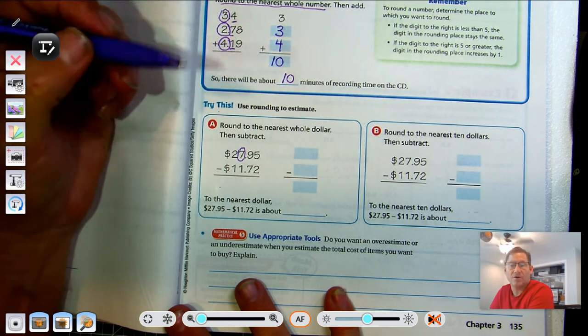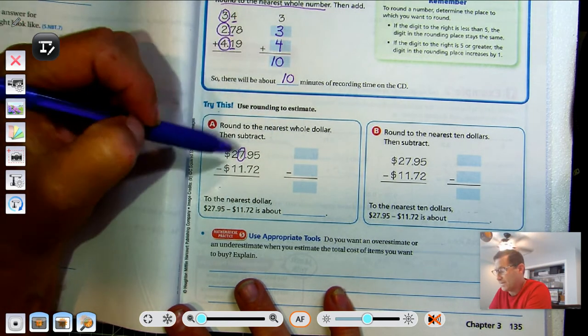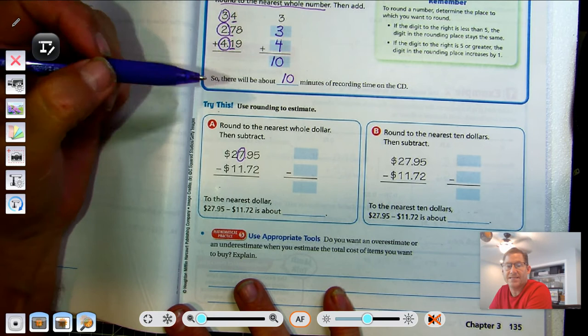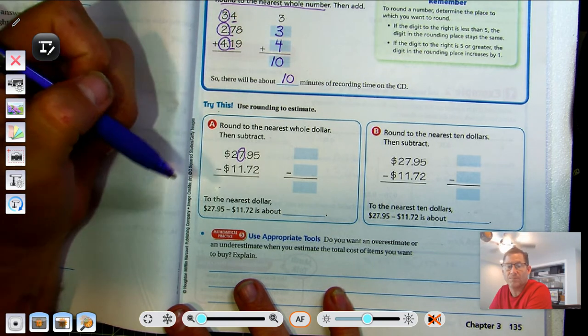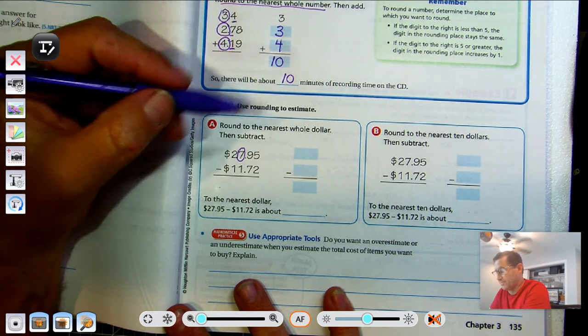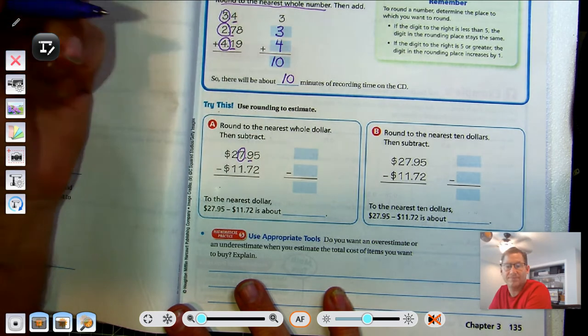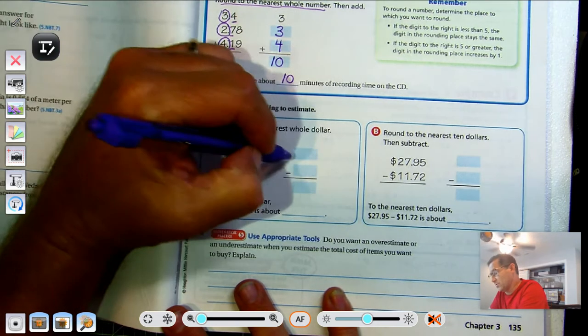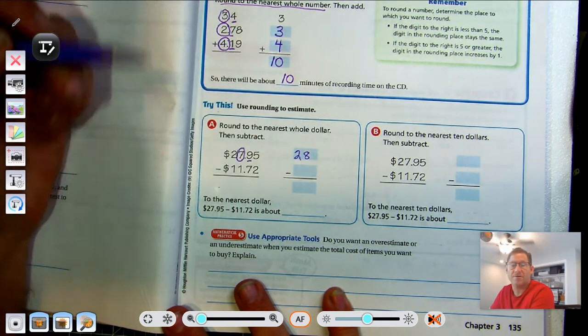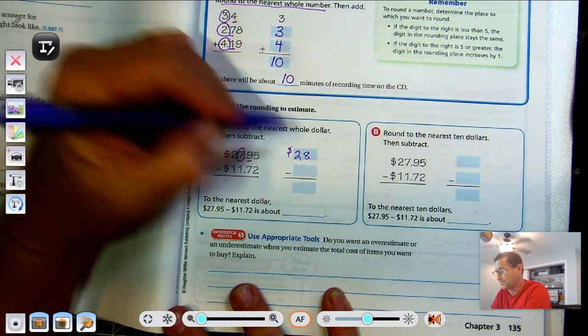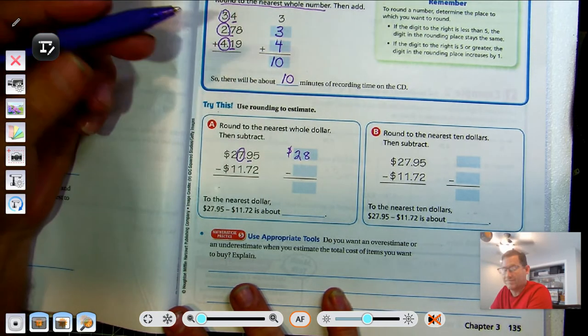So the $27.95. $27, the 7 is in the one whole dollar spot. Okay, so let's look at the 9 to the right. That's greater than 5. So we'll round up to $28. $11.72.